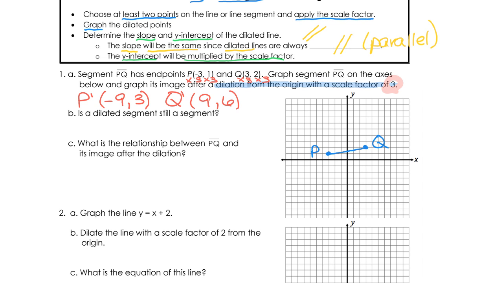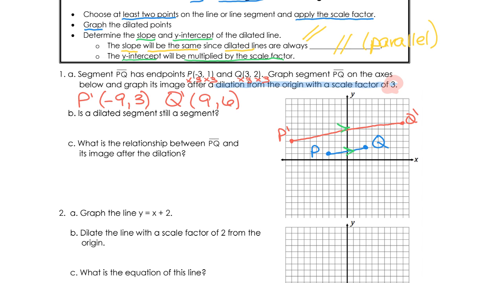So -9, 3, and that's P prime. And then Q prime is at 9, 6. So take a look. Every single time with dilations, they're going to end up being parallel to each other, which means that they're tilted the same, which means their slope is the same.